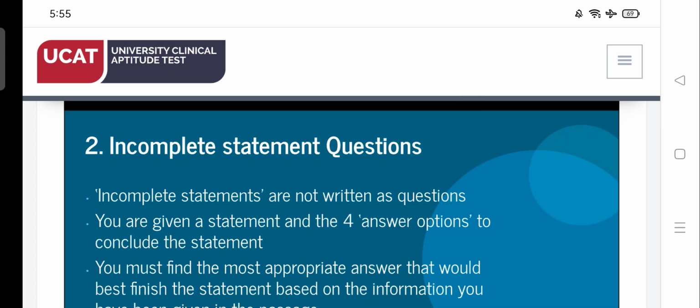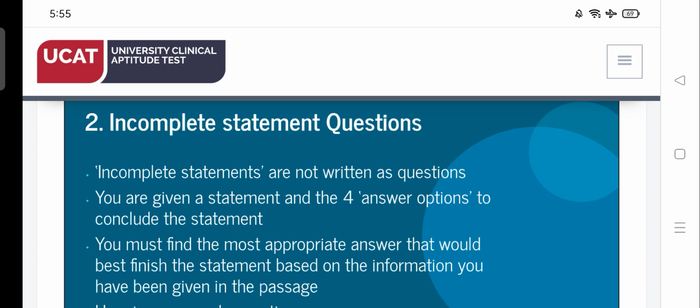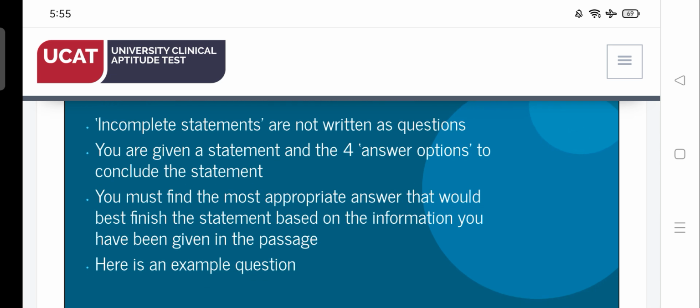Next type we have is incomplete statement questions. Incomplete statements are not written as questions. You are given a statement and four answer options to conclude the statement. You must find the most appropriate answer that would best finish the statement based on the information you have been given in the passage.